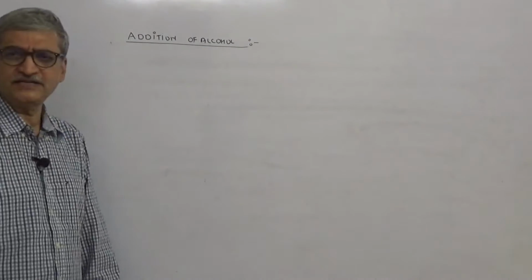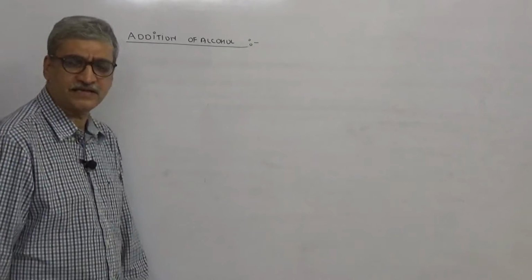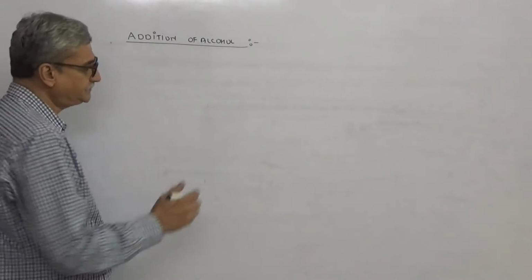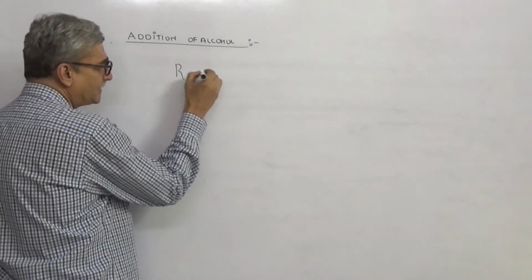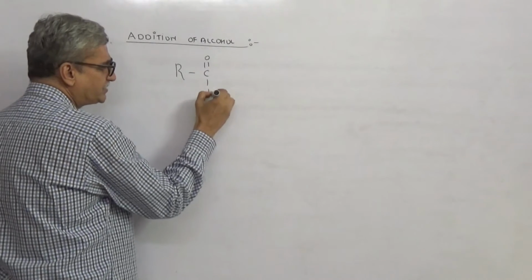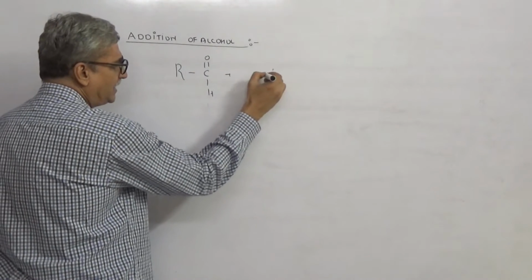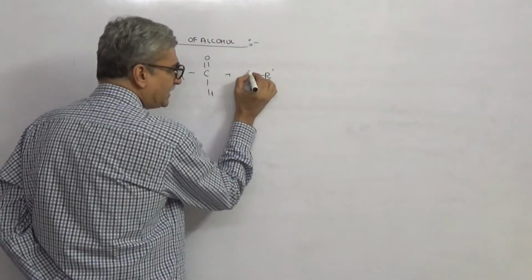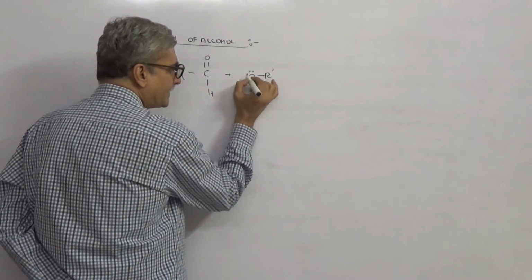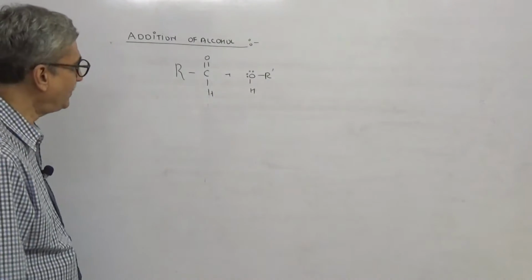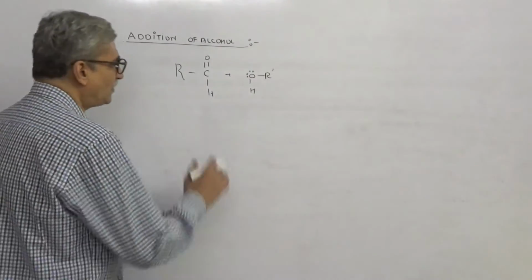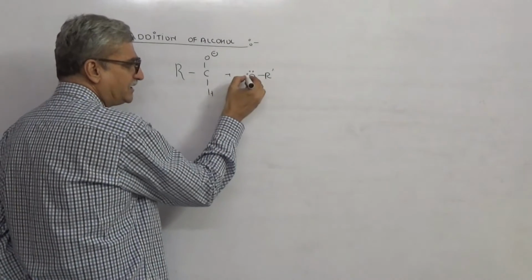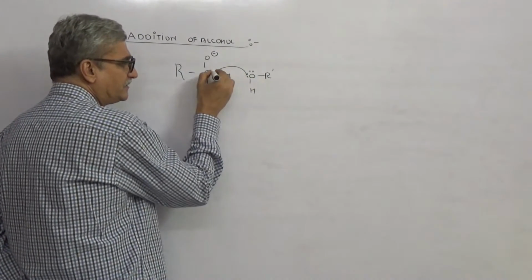So when we are talking of addition of alcohol, what happens is, listen carefully, we have R C double bond O plus R dash OH. So why is alcohol acting like a nucleophile? Because it has a lone pair of electron. So what's going to happen? It's going to cause shift in bonded pair of electron, oxygen negative, and this carbon positive.